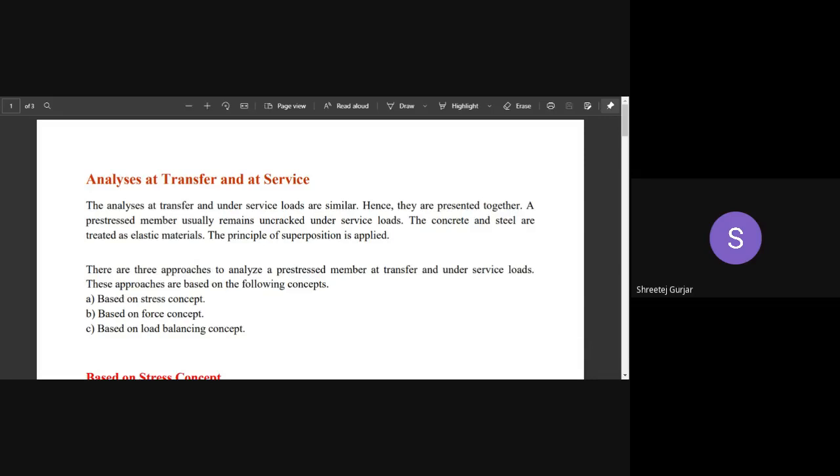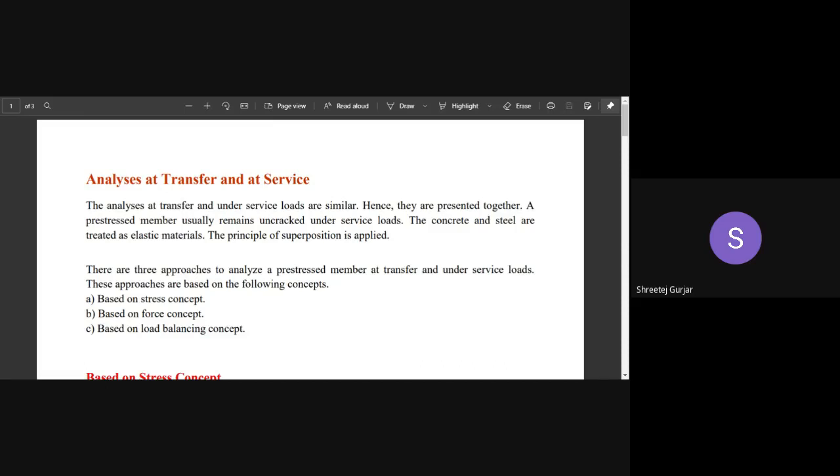The analysis at transfer and under service loads are similar. The process of analyzing your members is similar at both stages, so we will be studying them together because the method of analyzing is similar.